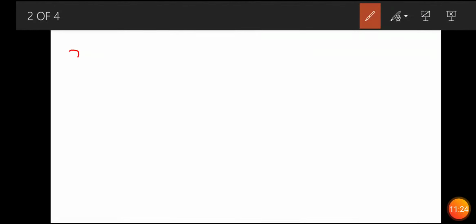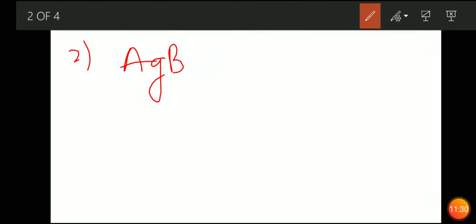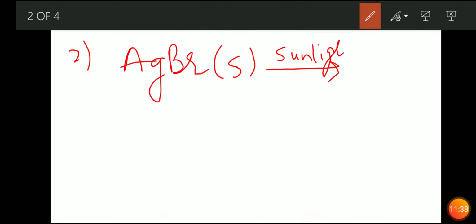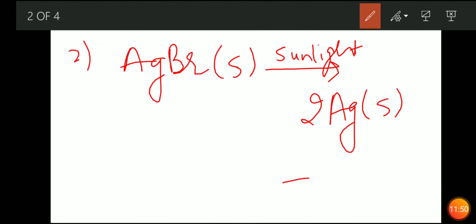Now the next symbol. First we'll take an example of this reaction also. Say AgBr, that is silver bromide. It is solid in nature. When sunlight passes through it, it leads to a decomposition reaction and forms 2Ag, that is solid in nature, plus Br2.